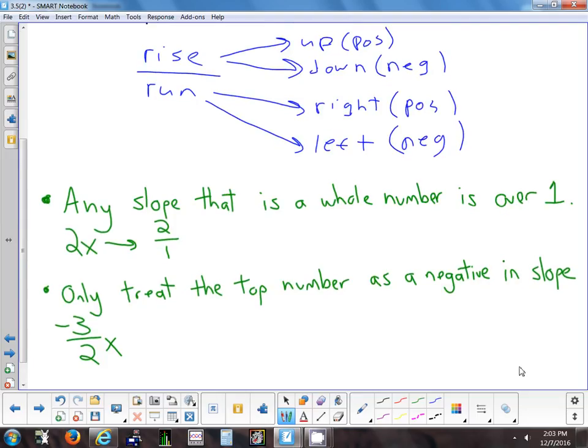I would go down 3. From there, where would I go, Kyle? Left or right? Right. This is where some people get confused. I'm only going to treat the top number as negative. Don't worry about the bottom. That's still going to be positive. We're still going to go down 3, right 2. We're not going to go down 3, left 2. Only this is negative. So this means down 3, right 2. We're only going to treat that top number as negative, not the bottom number. Some people get confused with that sometimes.